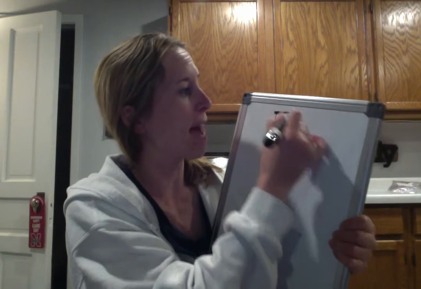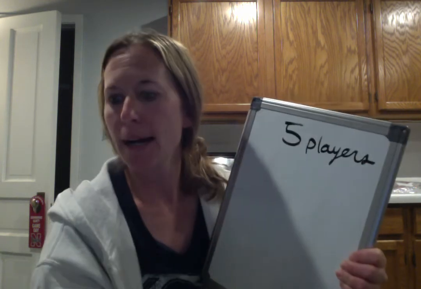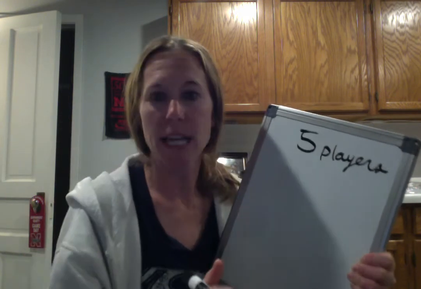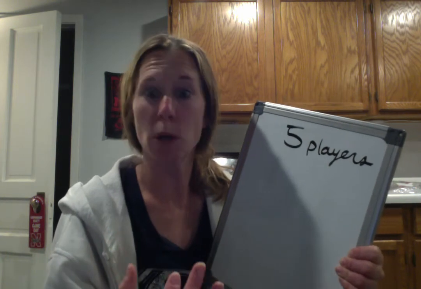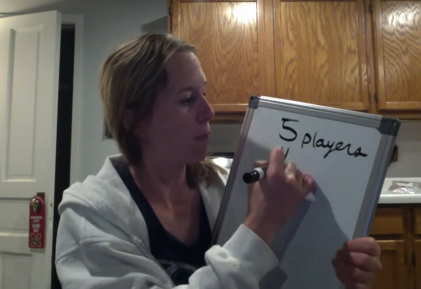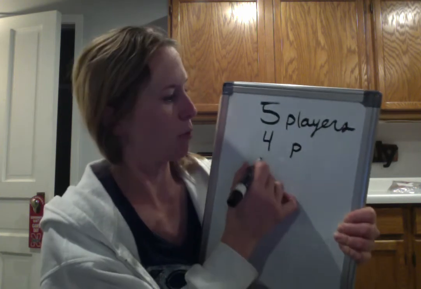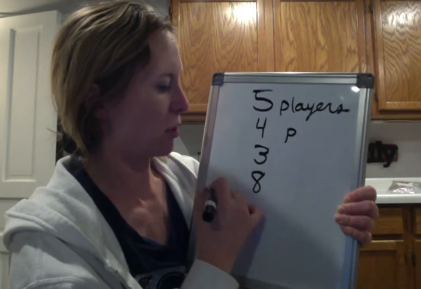So we have 5 players. Let's do some games that we're playing, let's say in the parish hall. And we want to find the average number of players per game. We have 4 players, and I'm just going to put a P behind it. We have 3 players. We have 8 players.